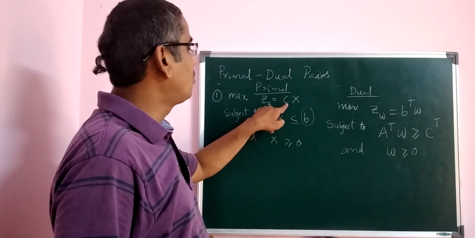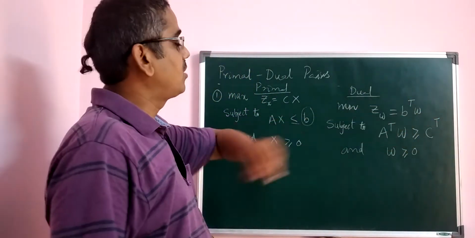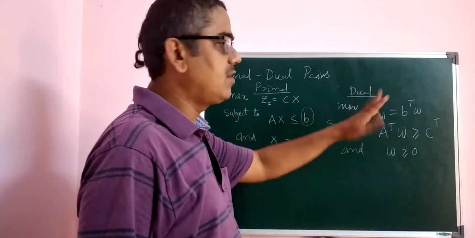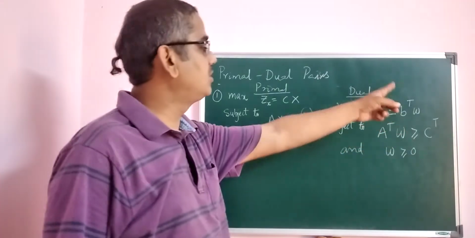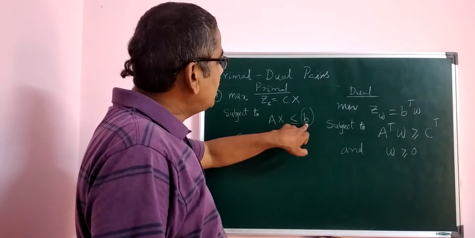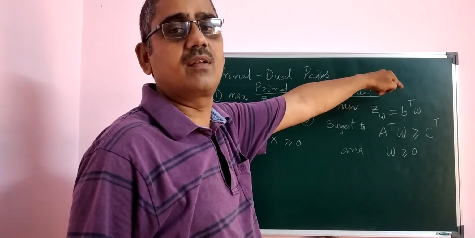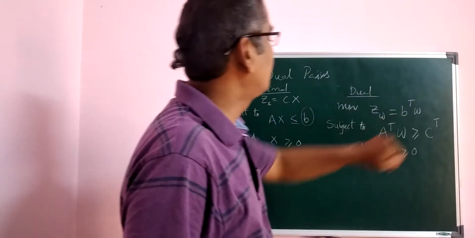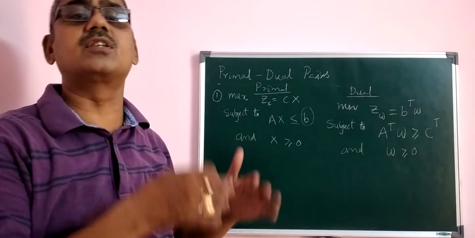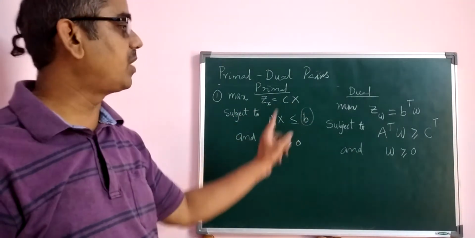The objective function coefficients become the right-hand side constants, A becomes A transpose, and another variable omega is considered in place of x. The right-hand side constant b becomes the cost vector, b transpose. Less than or equal to becomes greater than or equal to. These are the changes from primal to dual LPP. Hope you understand. This is one particular form.